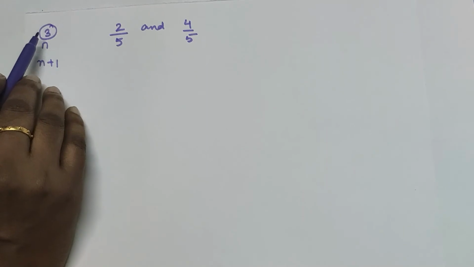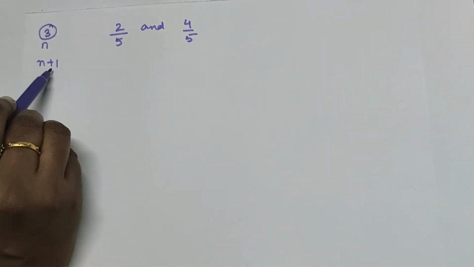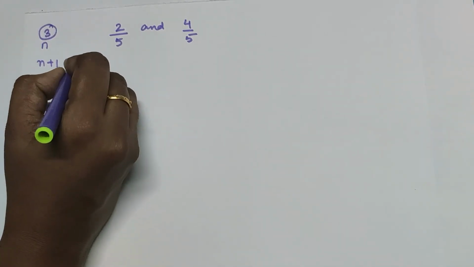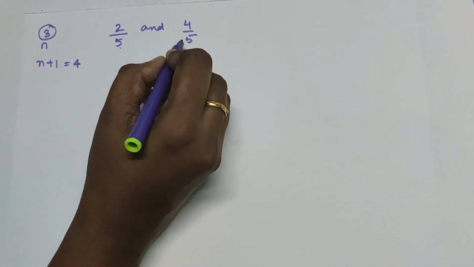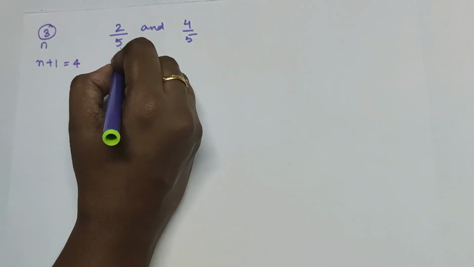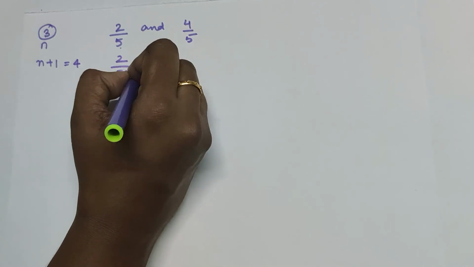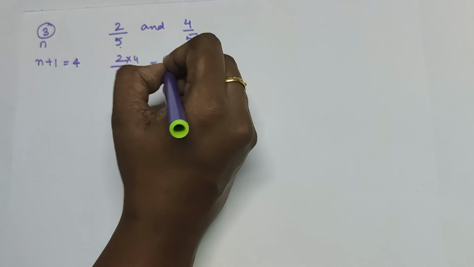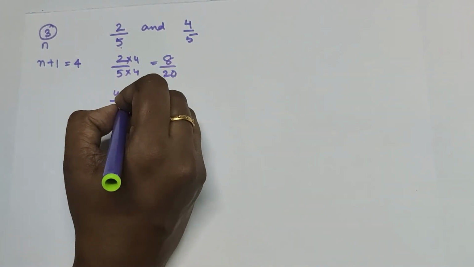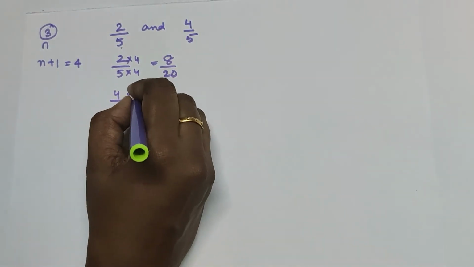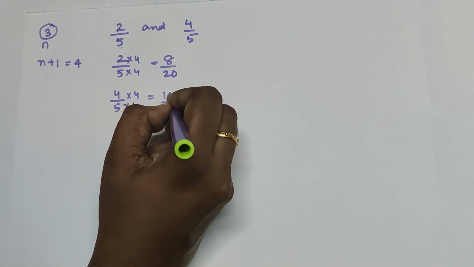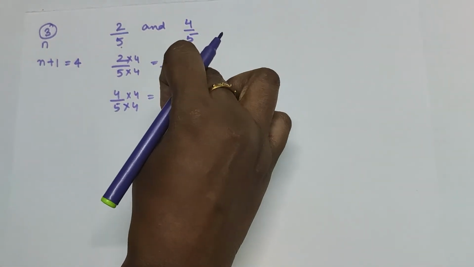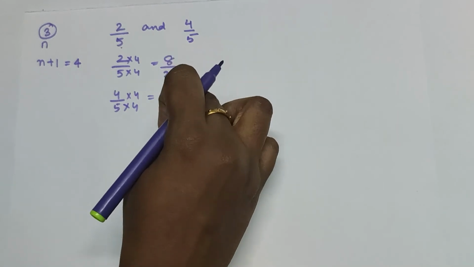Like 3, it is asking us to insert 3 rational numbers, so we will add 1. So here it will become 4. As the denominator is the same, we can directly multiply 4 with the numerator and the denominator. So the numbers become like this: here also the denominator is the same, 8/20 and 16/20.